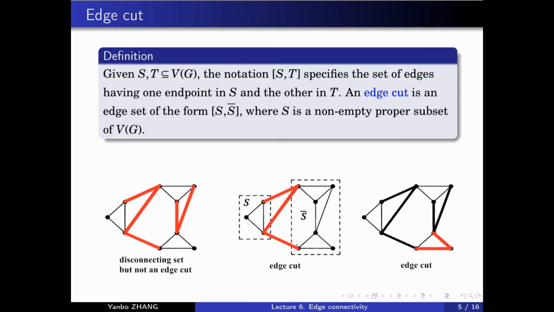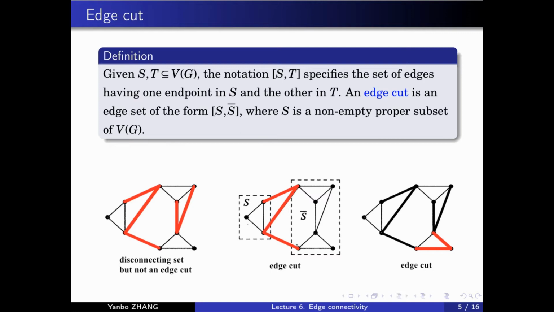The following is an example. In the left graph, the red edges form a disconnecting set, but not an edge cut. In the middle graph, the vertex set has been partitioned into two parts, S and S bar. All the edges between S and S bar form an edge cut.